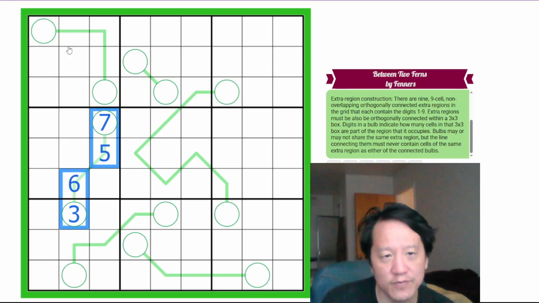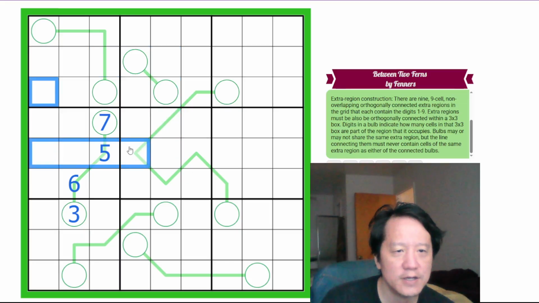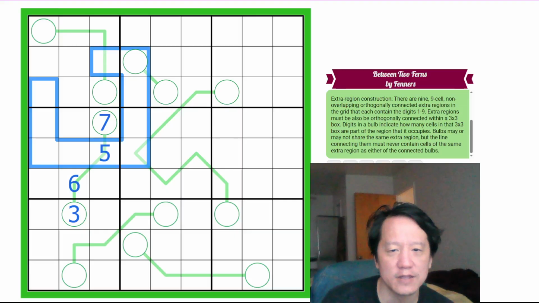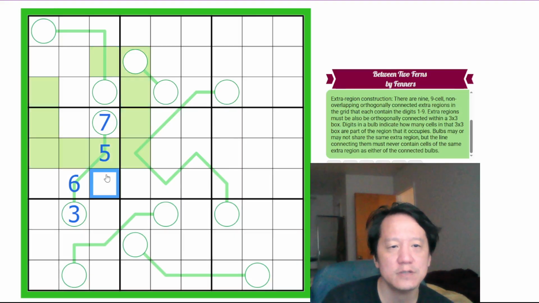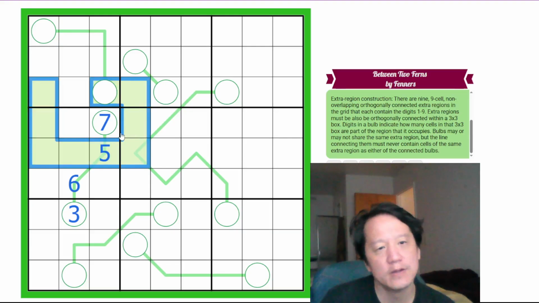So you can't have a region do something like this. What's a potential example? You can't have something like this as a region. 1, 2, 3, 4, 5, 6, 7, 8, 9.